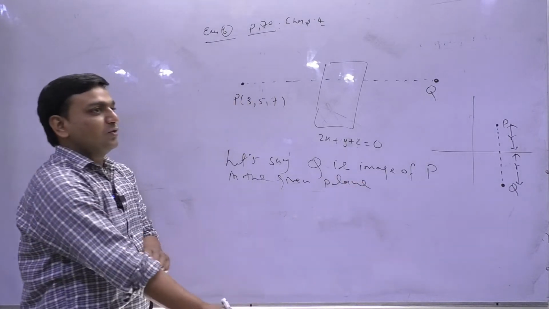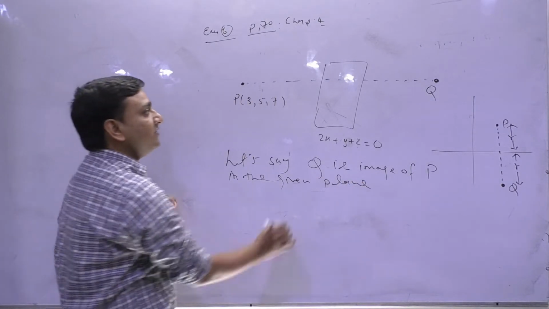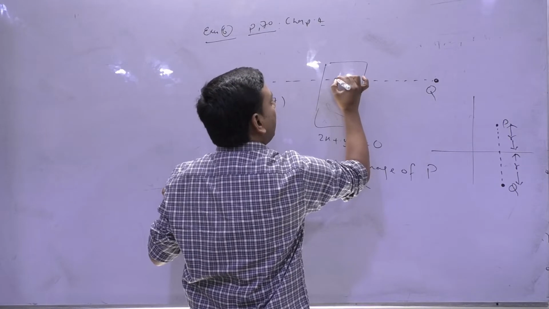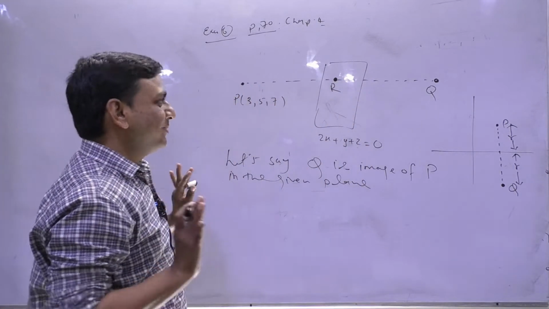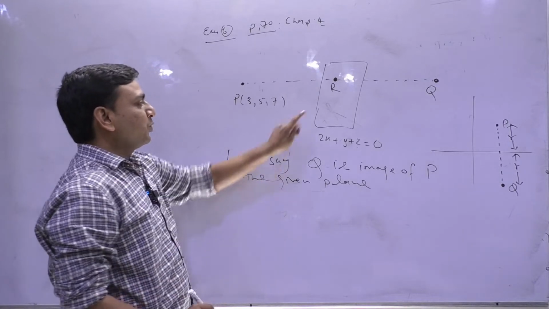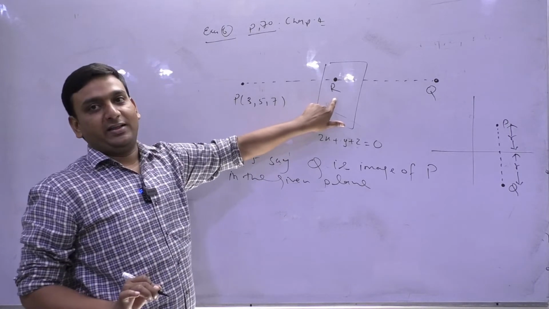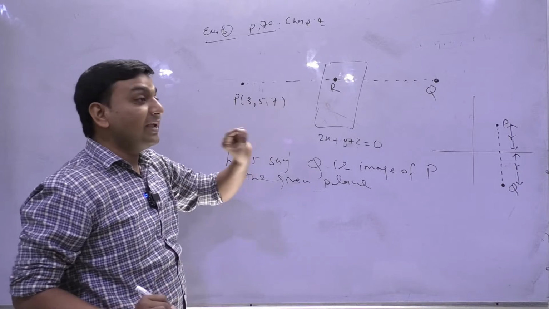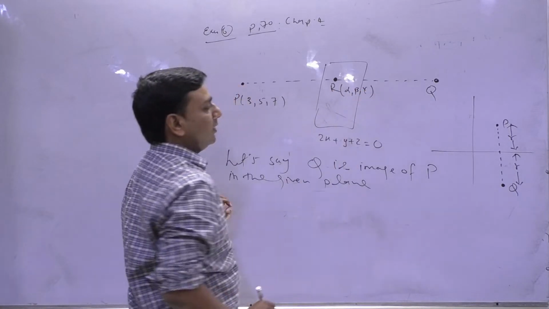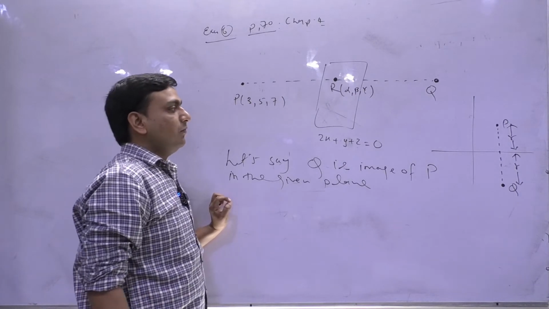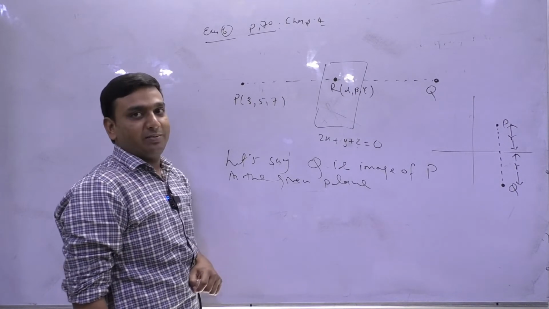Okay, so what will happen? Let's take a point R here. Very easy only. Picture clear? So if R is a point on the plane, let's say the coordinate of R is alpha, beta, gamma.